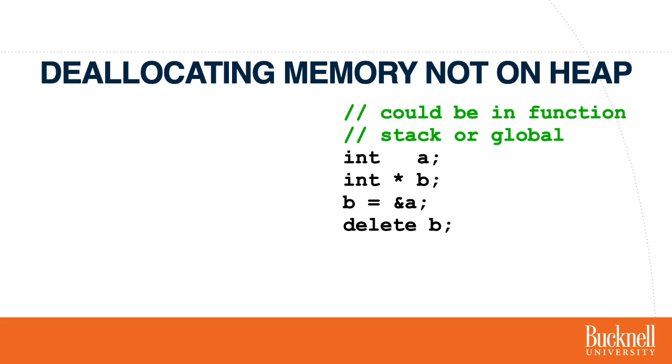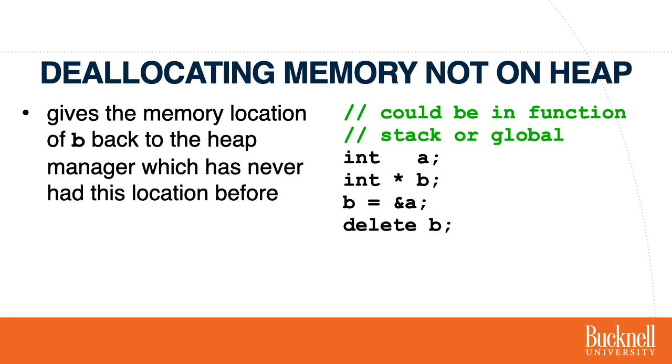The problem here is that a is actually not a heap object. And so when we say delete b, we are saying to the heap manager, please take this memory address and do with it as you will. We've given a memory location back to the heap manager that it has never had before and shouldn't have in the first place. This could cause the heap manager to get quite confused.